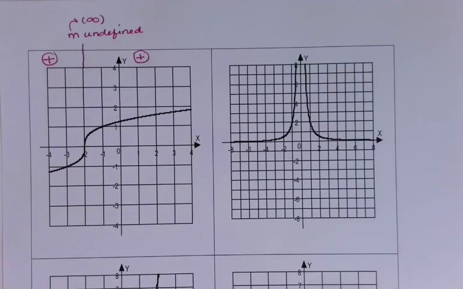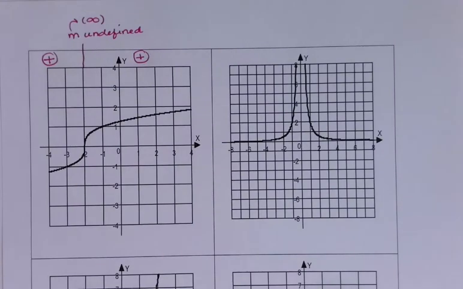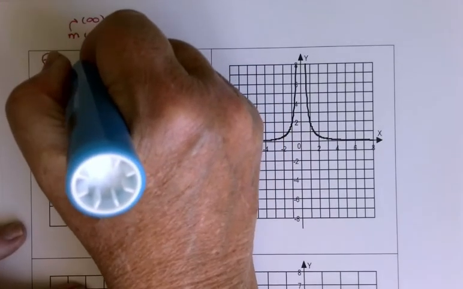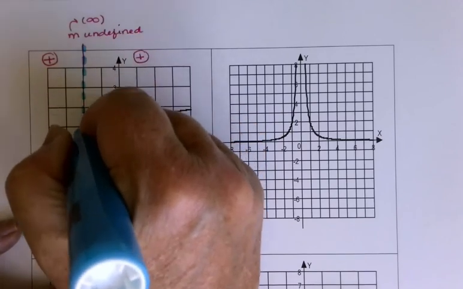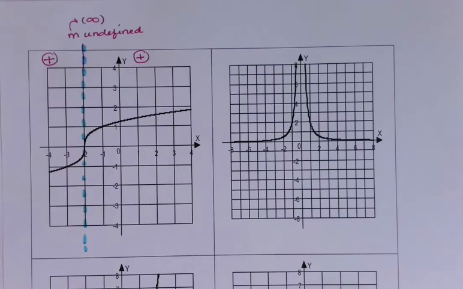So my derivative graph is going to be positive everywhere, with a vertical asymptote going off towards infinity, right here at -2. So let's see what we can do with that. I'm going to put in my vertical asymptote. And I know I have to go up towards positive infinity on both sides.